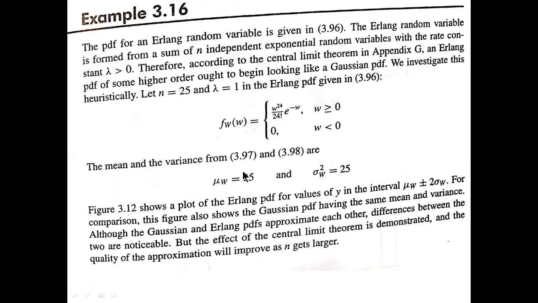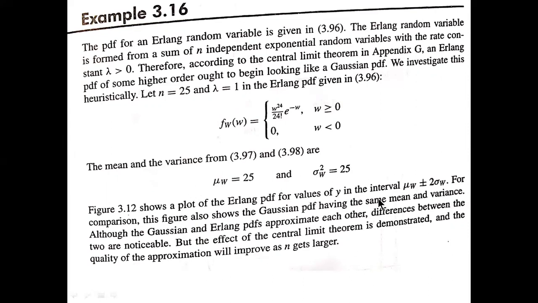The mean and the variance for this case are μw equal to n itself, and σw² equal to n again, because λ is 1 there. So μw is equal to 25, and σw² is also equal to n, that is 25.